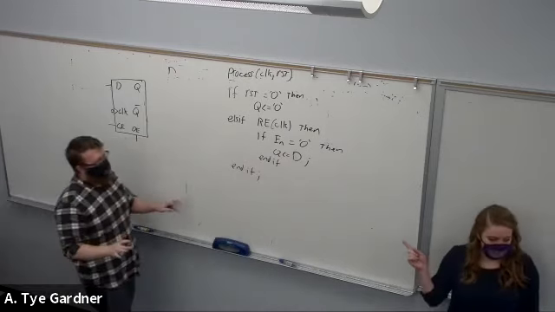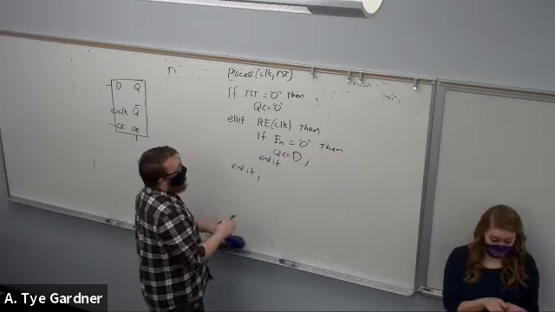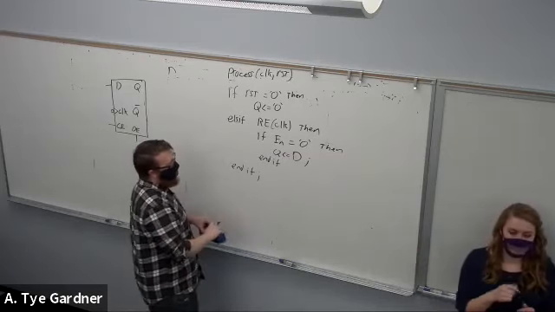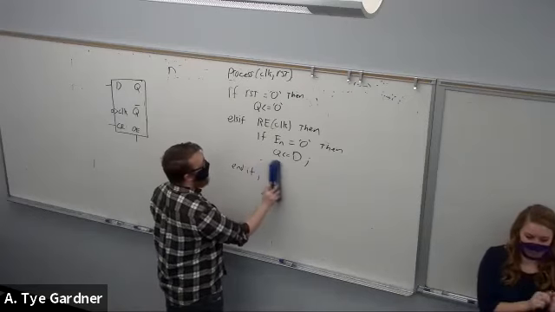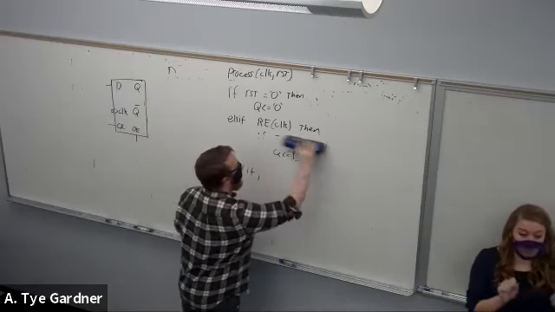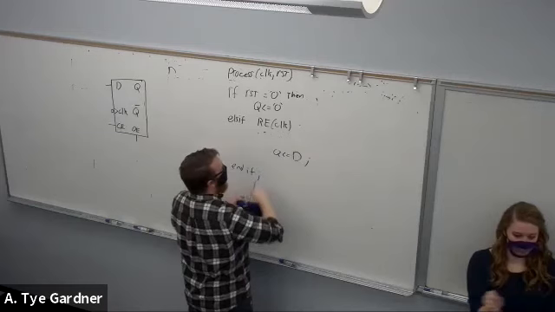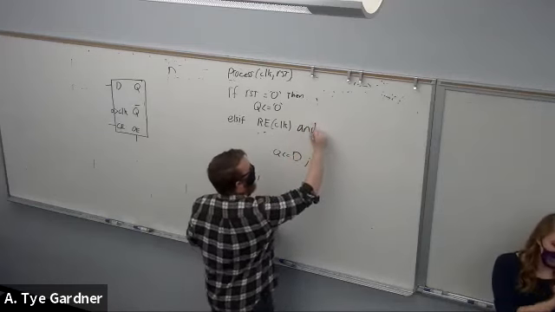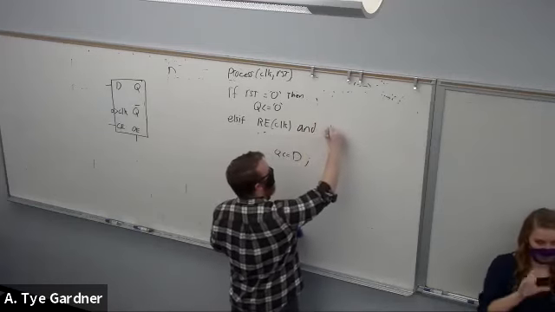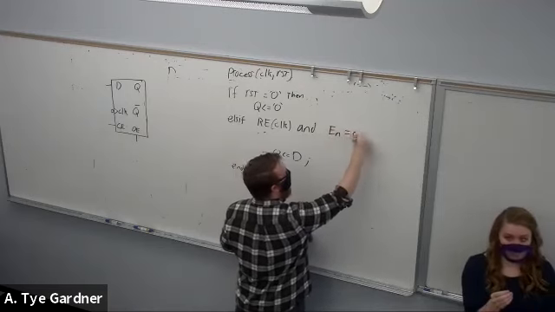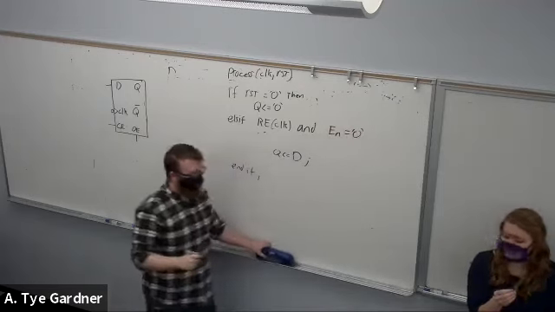It is also allowed, though I don't like doing it with the rising edge, but you can actually have multiple conditions, which you could write as if rising edge of clock and enable equals 0.